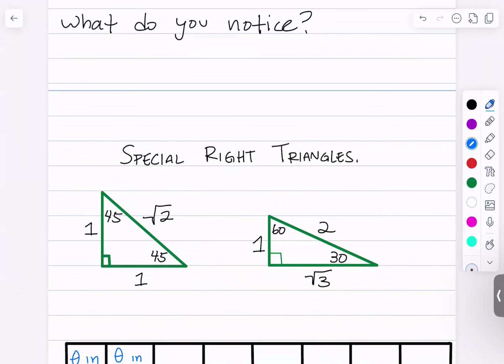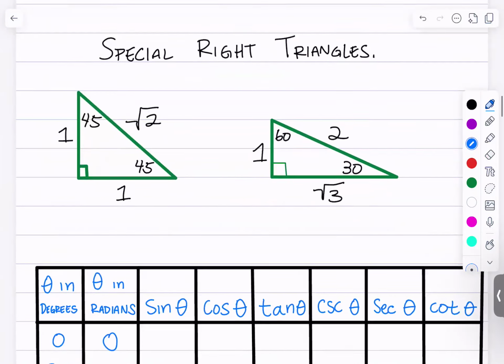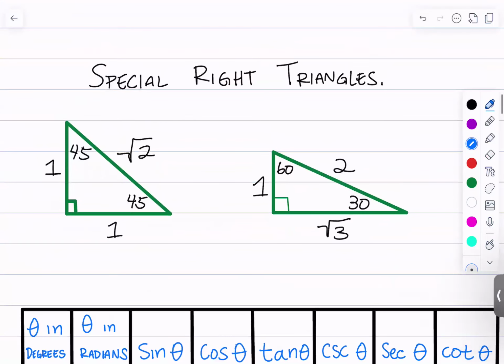These two special triangles you guys have to know and memorize. It is your foundation for this whole trig, I think 3 chapters of trig. Everything can be related.